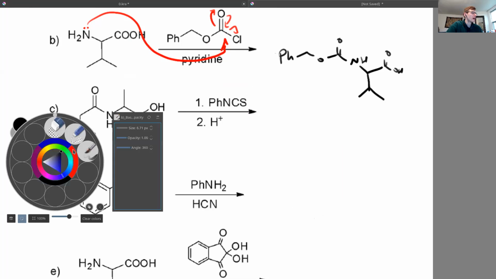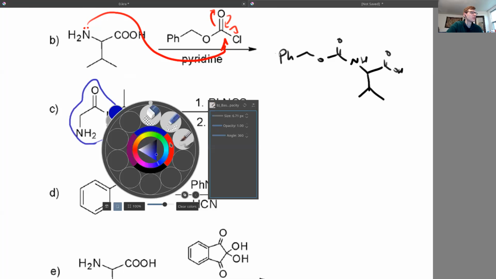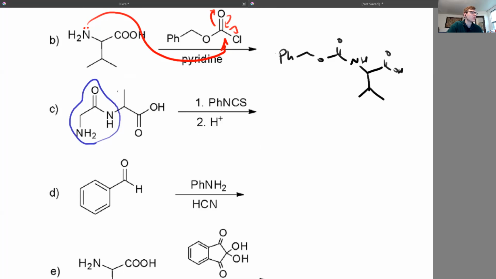So there are two amino acids. That weird cyclic product, right? Yeah, there's two amino acids. There's this one and, wait, sorry, there's this one, glycine. Ah, yes. And then alanine next to it.